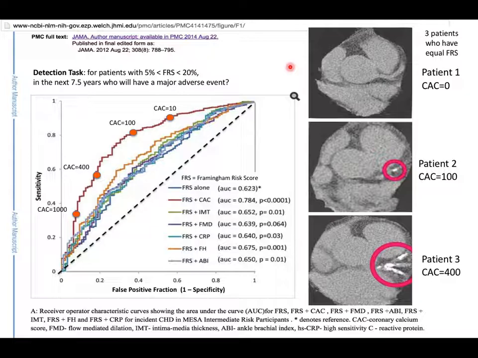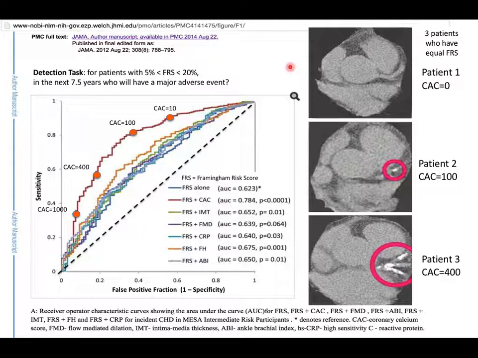Framingham doesn't have family history, but whether you're a smoker and whether you're on blood pressure medication, things like that. So they're clinical parameters. You put this in a risk score and you determine, oh, you have about a 15% chance of having a heart attack in the next 10 years. That's high.